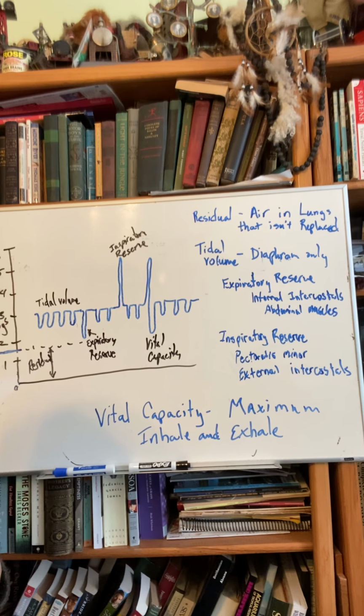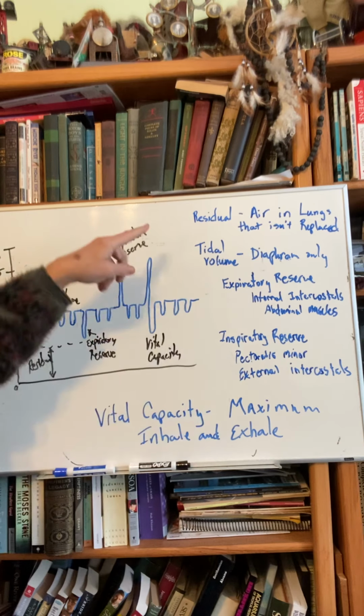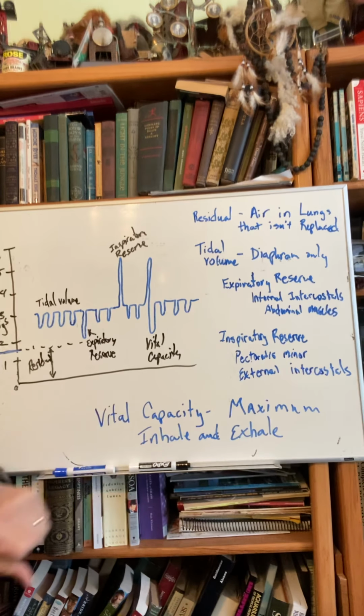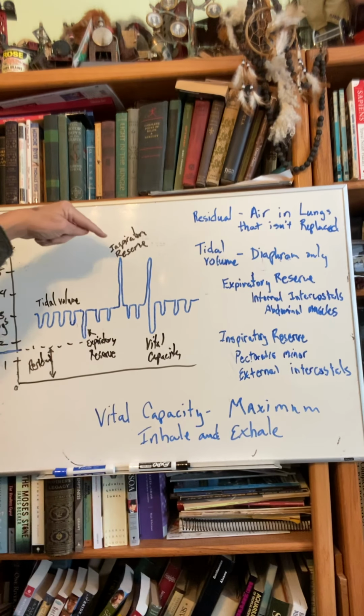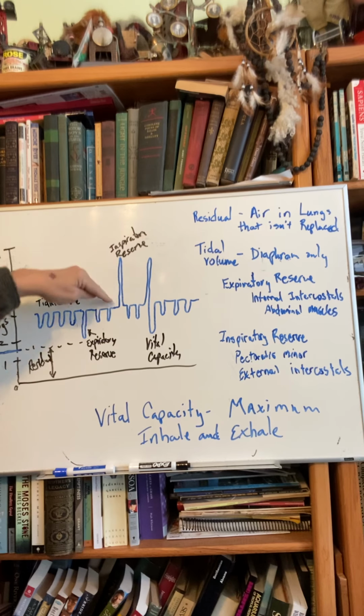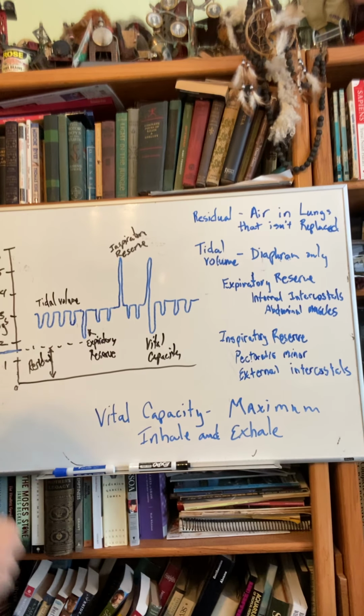The pectoralis minor muscles and the external intercostal muscles are going to pull your rib cage up, and this is going to fill your lungs even fuller with air.